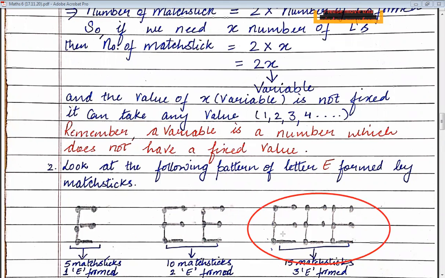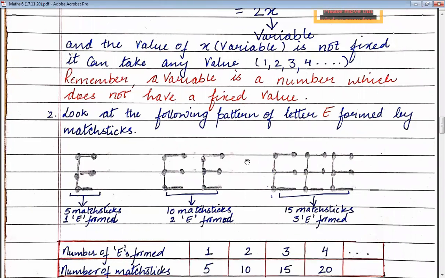That is 3 times E. Let's count. 1, 2, 3, 4, 5, 6, 7, 8, 9, 10, 11, 12, 13, 14, 15. So students, in this, how many matchsticks do we need? We need 15 matchsticks. So let's write these values in a proper way, that is in tabular form.